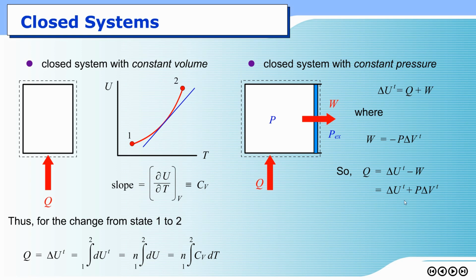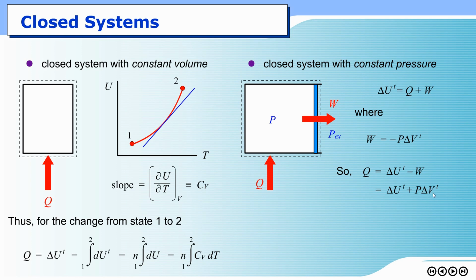These two variables are extensive properties. And the pressure itself is constant, so I can take it inside the delta.